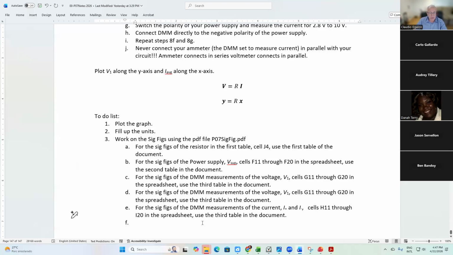In the spreadsheet, use the fourth table in the document. Okay?